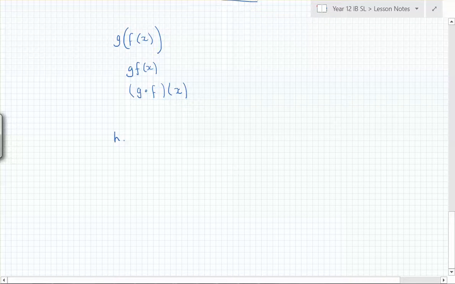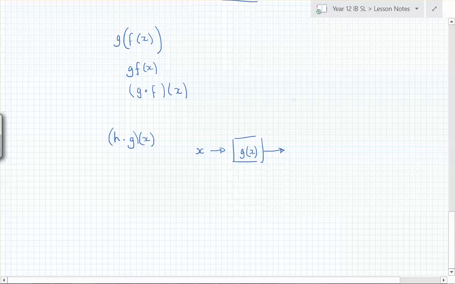So, if I were to say to you, for instance, h of g of x, right, what would the diagram that I drew initially look like? So it would be x go in. What would be in the box? So it would be g of x. Now actually, I'm going to add something else in. Let's say the output is y, in this case.